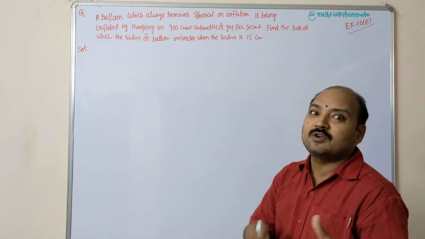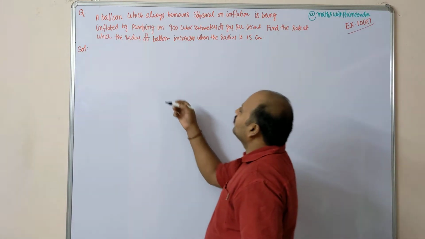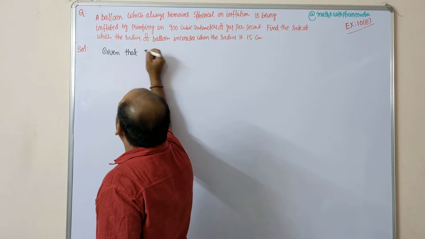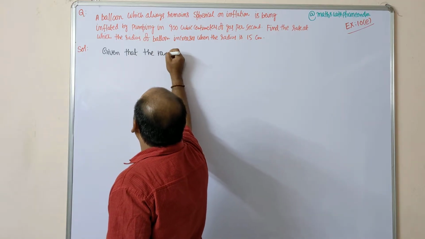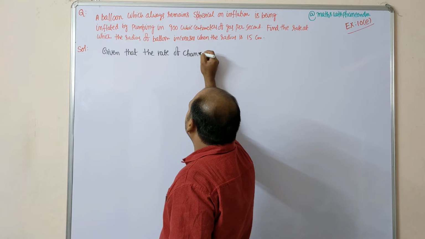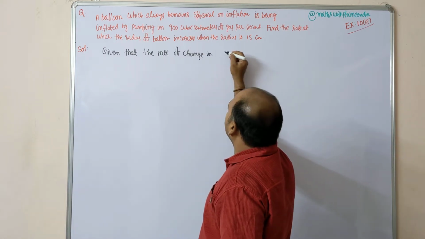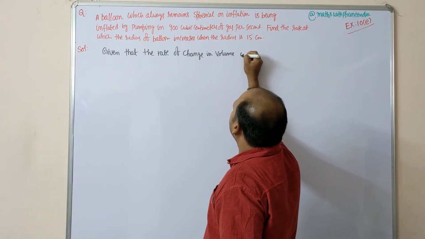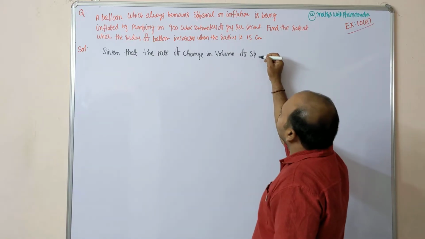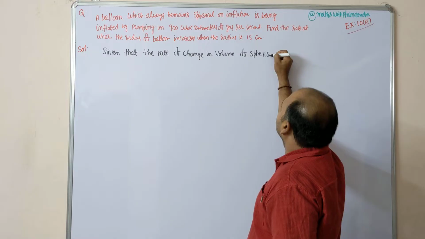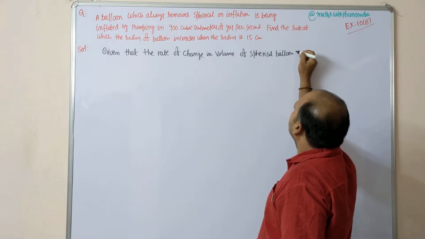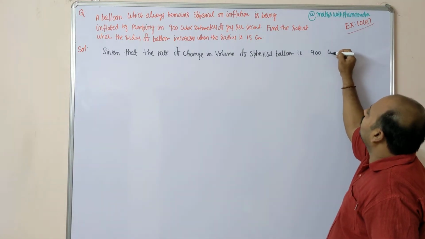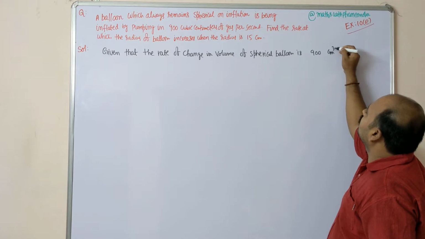That means the rate of change of volume of the sphere is given. So the rate of change in volume of the spherical balloon is 900 cubic centimeters per second.